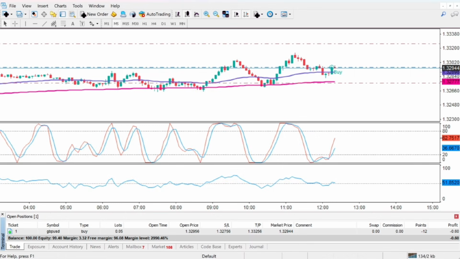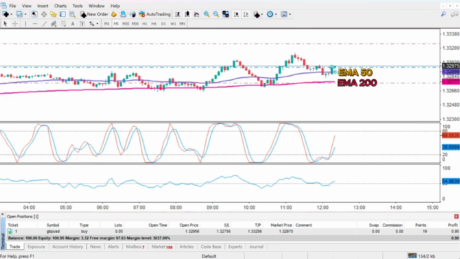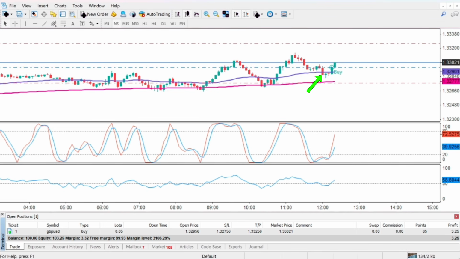Alright guys, let's get into the very first trade of this challenge. We're on GBPUSD, 5-minute chart, and everything lined up for a buy. EMA 50 is sitting above the EMA 200, so bias is bullish. Price just pulled back nicely to the EMA 50 without breaking the 200, and both the stochastic and RSI are giving the green light.